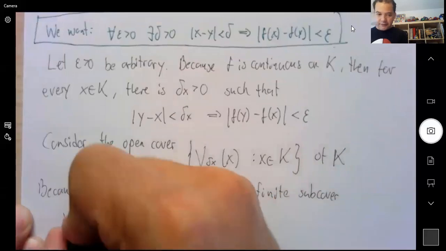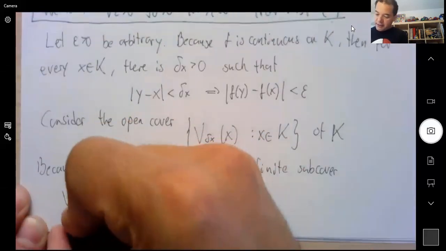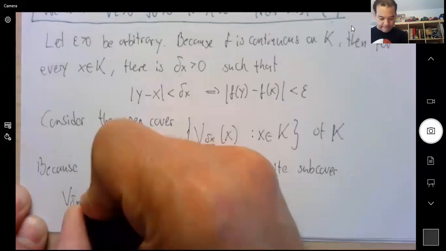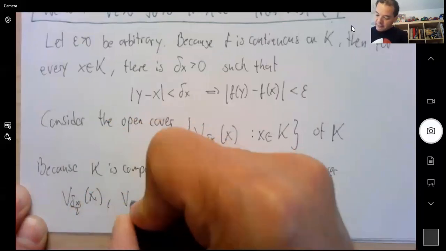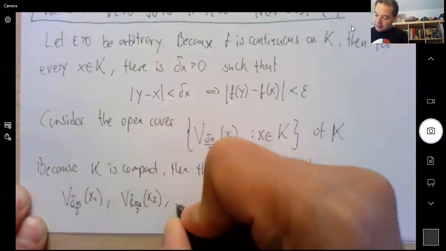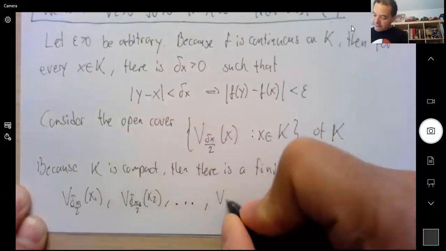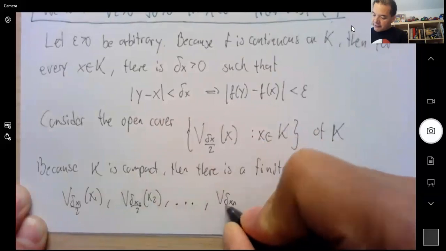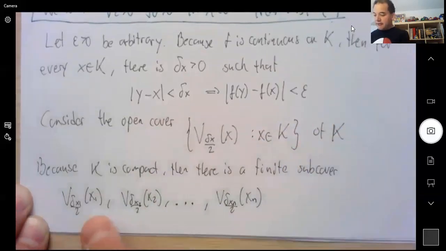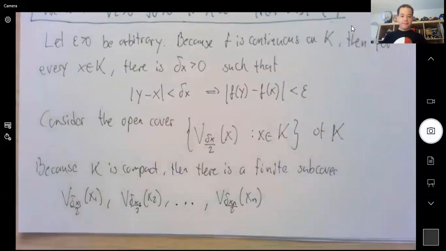I'm going to write it here: B(x1, delta x1 over 2), B(x2, delta x2 over 2), dot dot dot, B(xn, delta xn over 2), so there are n of these guys.